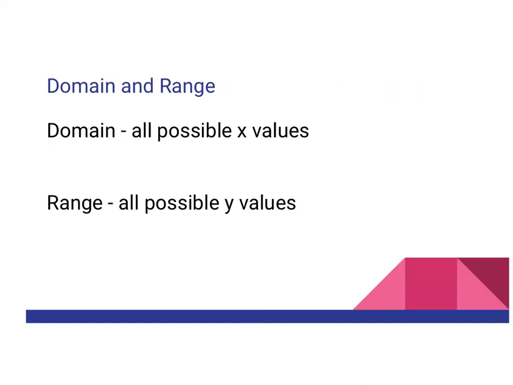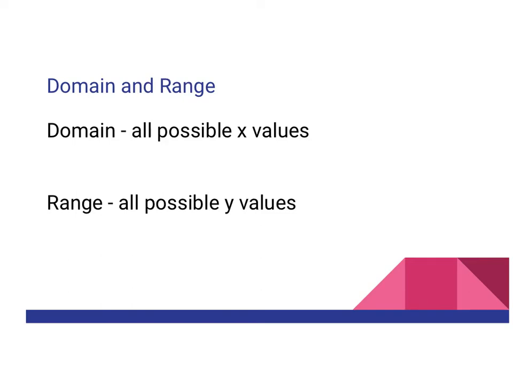So now we're going to discuss domain and range very briefly. This will be a key part of your function unit, because when we have some inverses, we have to restrict the domain or range to ensure that the inverse is still a function, and we will get to that later on.